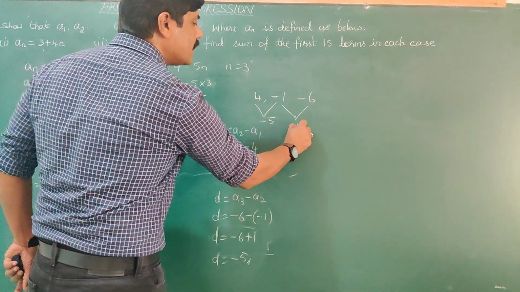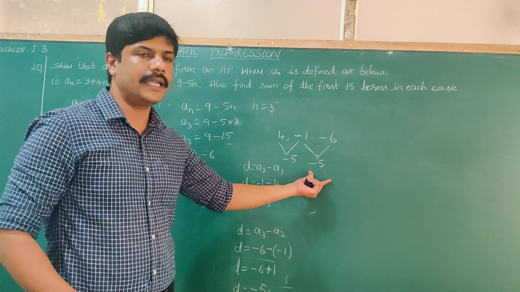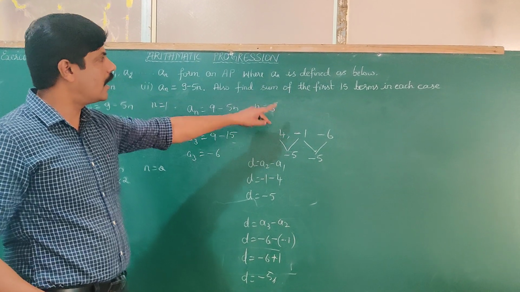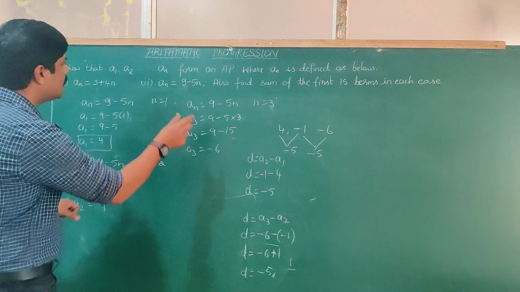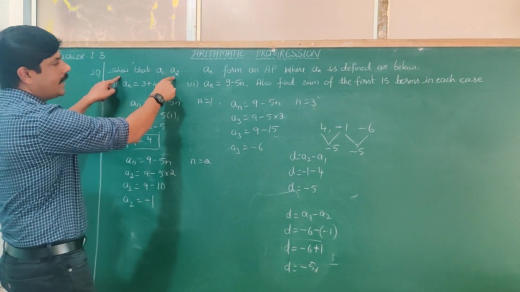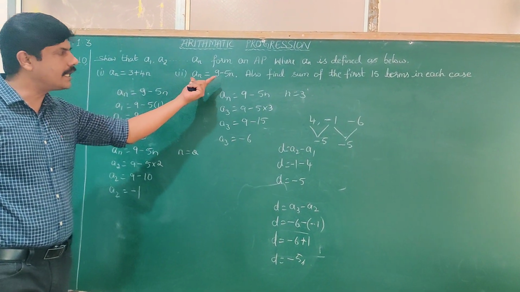Again you got the difference minus 5. Since you are getting the common difference minus 5, we can say this particular set of numbers is in AP. Therefore, it was asked to show that a1, a2 up to the nth term forms an AP. Yes, this forms an AP.